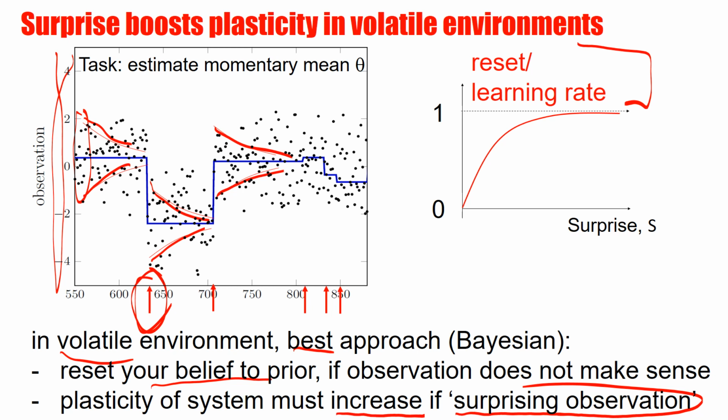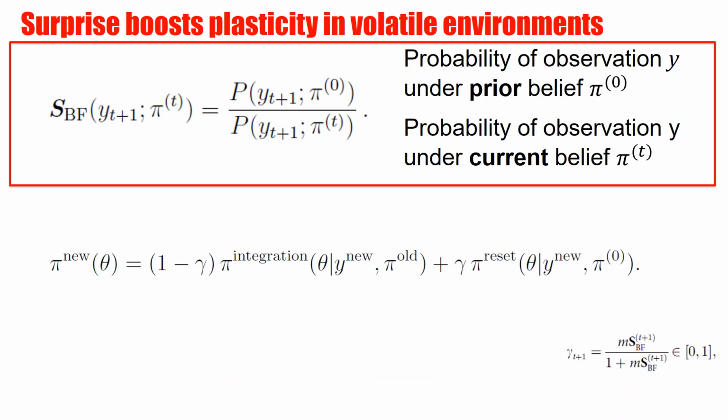If we have a surprise measure, then we can say this learning rate, or this amount of reset, should increase as the surprise increases. So it's a monotone function of the surprise. And this is indeed true.